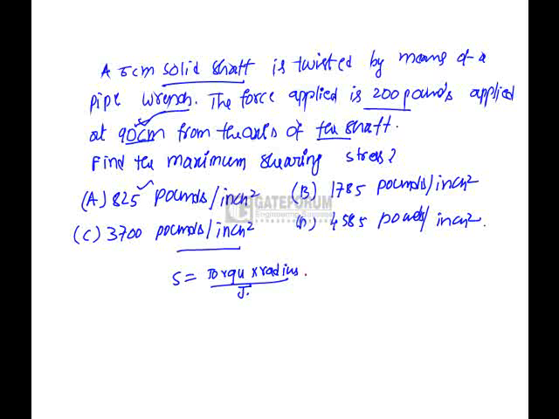5 centimeters means 2 inches, that is equal to, we will calculate the pi d cube. D means 2 inches, that is 5 centimeters. We are converting into inches by 16 torque. What is the torque? 200 pounds force into actual distance, 90 centimeters has to be converted into inches, that is 36 inches.